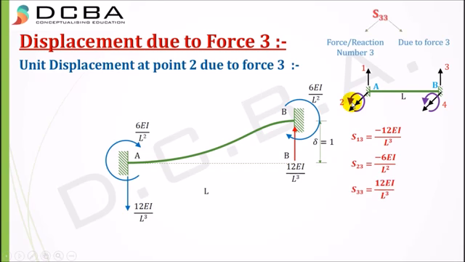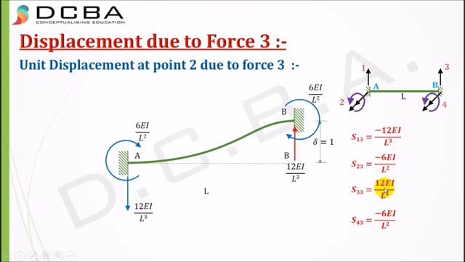S33, that is force or reaction number 3 due to force 3. The third force is an upward reaction, and again as you can see here this is giving an upward reaction, hence it is positive 12 EI by L cube. This is the force itself, and S33 is 12 EI by L cube positive.